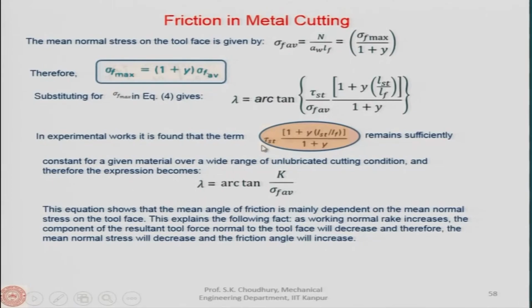Now, experimentally it has been seen that tau st and this value, that is the entire value of this, remains sufficiently constant in practice. So, this is for a given material, of course, over a wide range of unlubricated cutting conditions particularly, because when you have lubricated cutting conditions, then of course the mu comes into the picture, and it actually changes the condition.